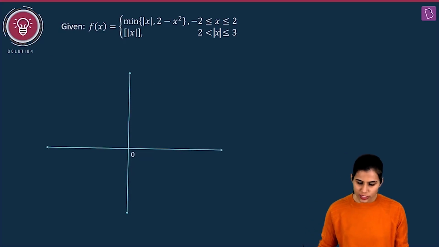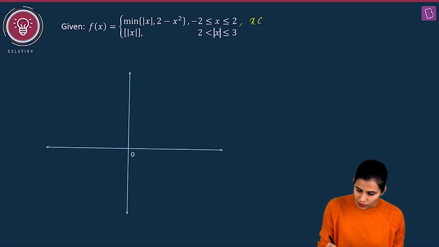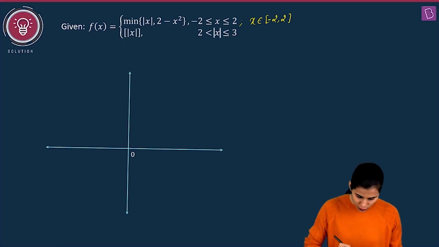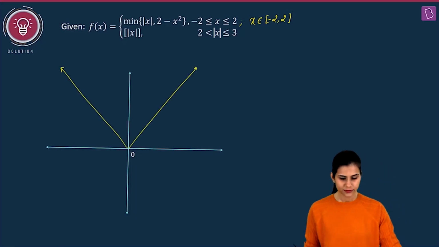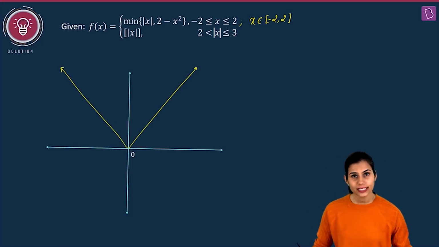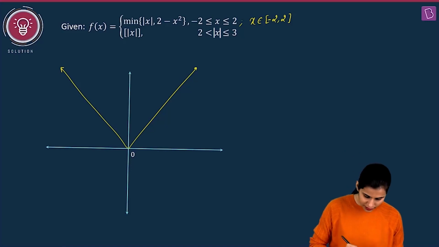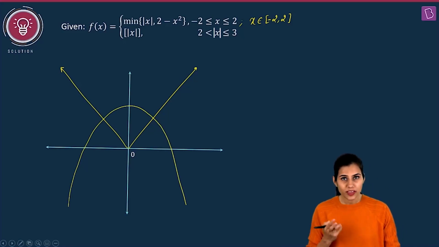So there are two functions involved primarily in the closed interval -2 to 2. What are they? Mod x and 2 minus x square. So mod x we all know looks like this. And 2 minus x square will be a downward opening parabola because the coefficient of x square is negative.